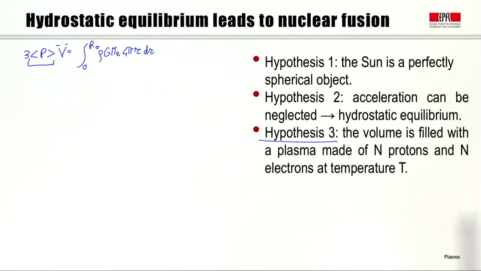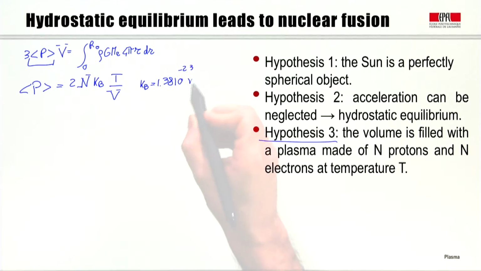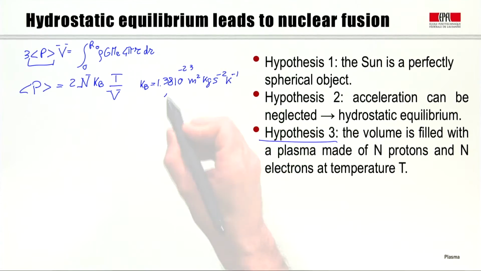We assume that the volume in the Sun is filled with a plasma which is made out of n protons and n electrons at the temperature T, and we will then use the equation of state of an ideal gas. We can thus write the average pressure in the following way, where Kb is the Boltzmann constant.